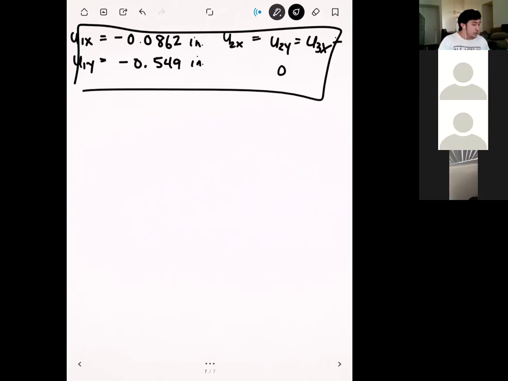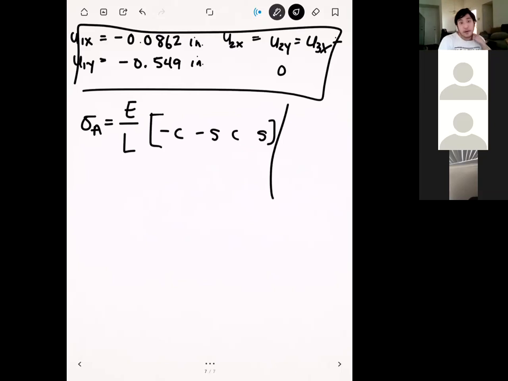And then from this solution, you can compute the stresses. Remember, the stresses are given by this expression. Let's say we want to compute the stress in element A. That's going to be E over L, and then we have minus cosine, minus sine, cosine, sine. Then we multiply this by the displacements of that element.